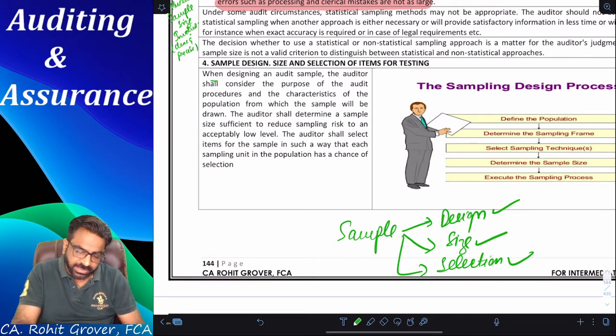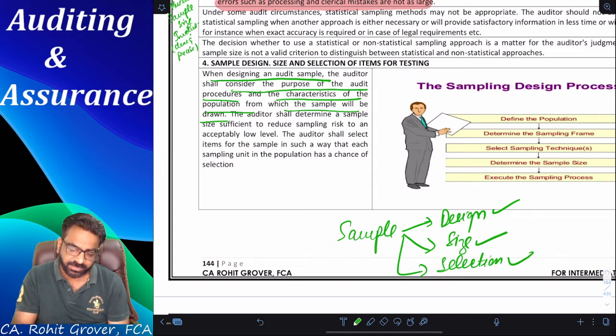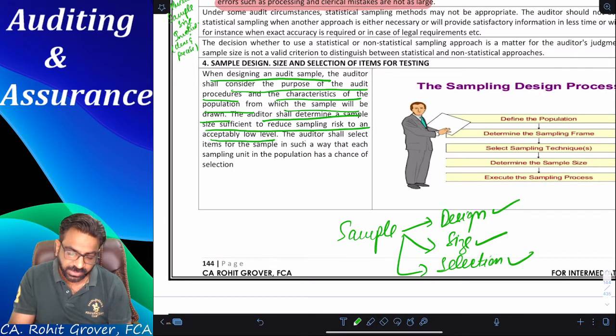When designing an audit sample, the auditor shall consider the purpose of the audit procedures and the characteristics of the population from which the sample will be drawn. The auditor shall determine a sample size sufficient to reduce the sampling risk to an acceptably low level. The auditor shall select items for the sample in such a way that each sampling unit in the population has a chance of selection.